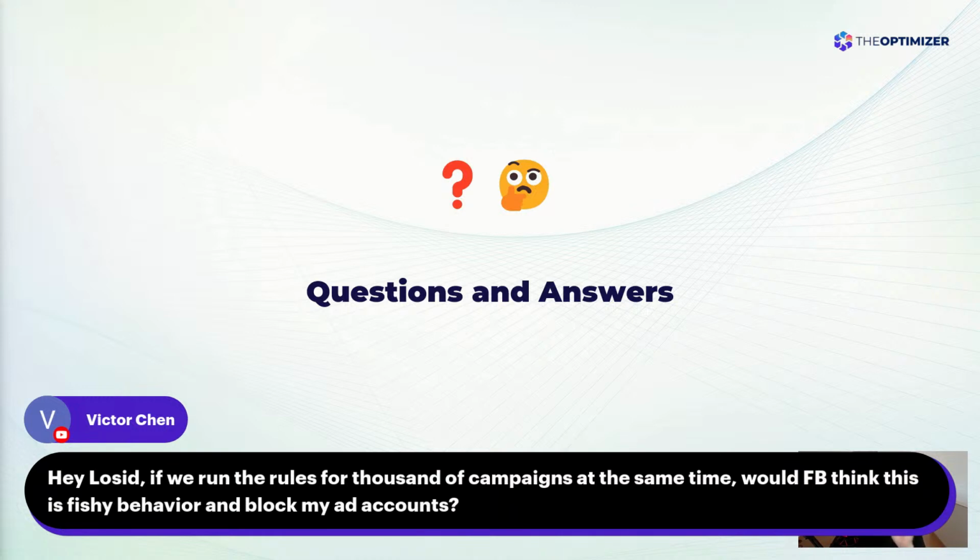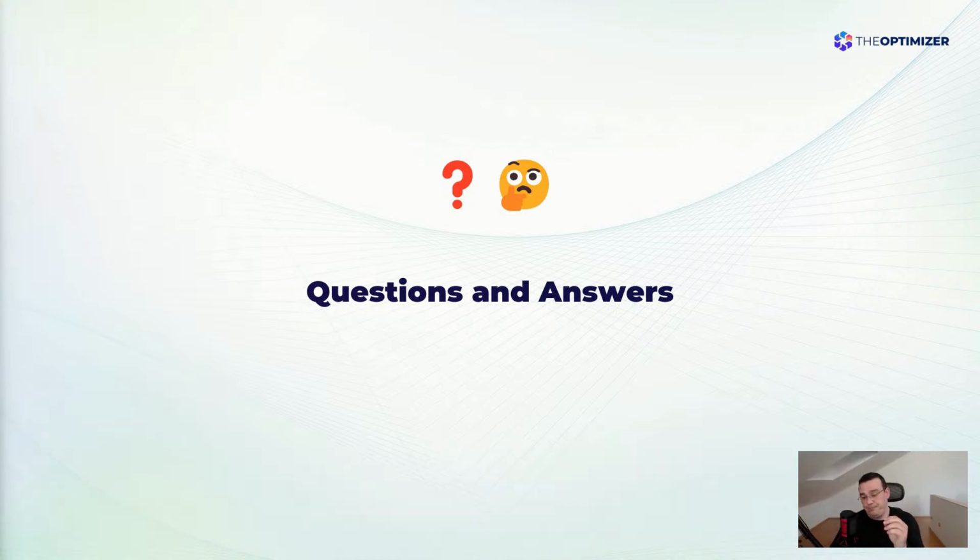These networks like Facebook or TikTok, but mostly Facebook, have grown to be so complex and smart to some extent that they are actually giving you the ability to control your campaigns based on your needs.